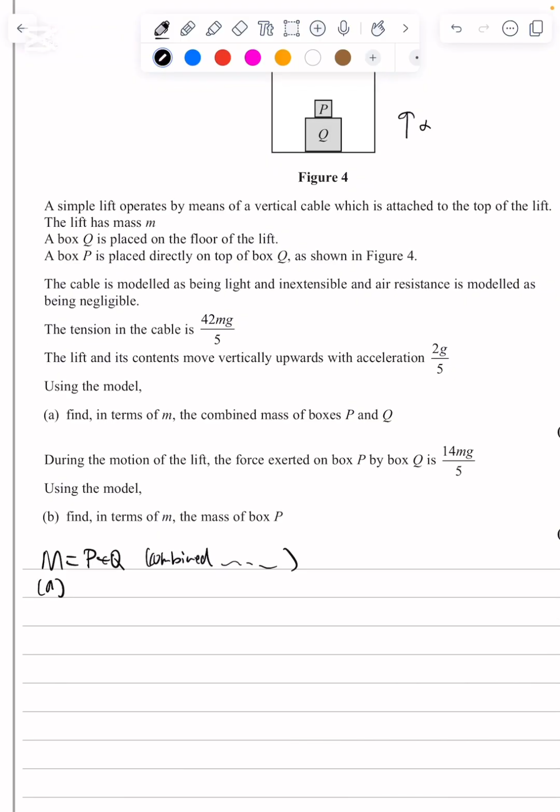And then we should have F equals MA. So that means 42mg over 5 minus big M plus small m times g equals big M plus small m times 2g over 5.